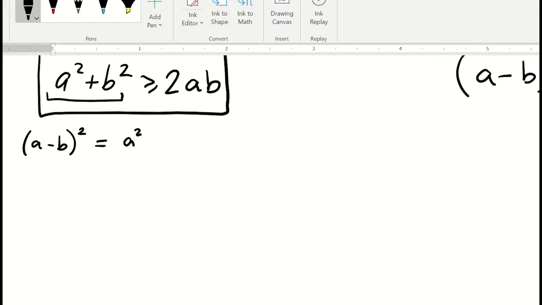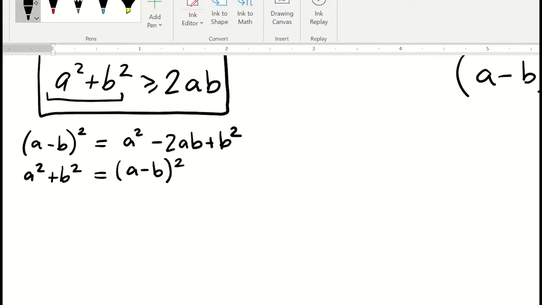When I expand that, I get a squared minus 2ab plus b squared. So then I can say, all right, well, I can now assume that a squared plus b squared is the same thing as (a minus b) squared, but I have to plus on a 2ab to cancel out that minus 2ab when I expand it.